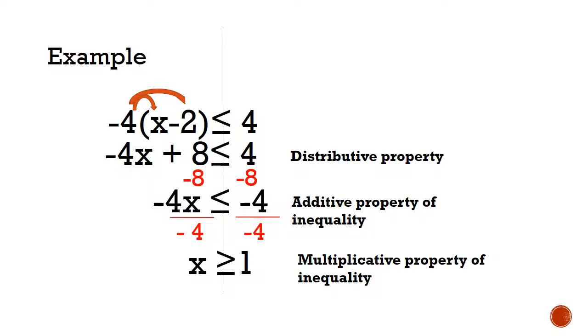Now, to graph this solution, we don't have just one number as a solution. We don't have two values as a solution. We have many values. To represent the solution set on the number line, I'm going to place 1 here in the middle of the number line.